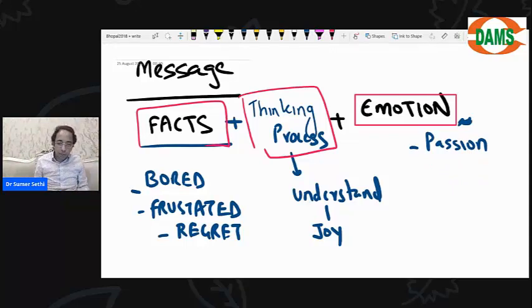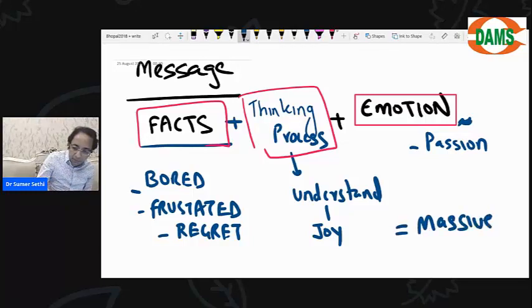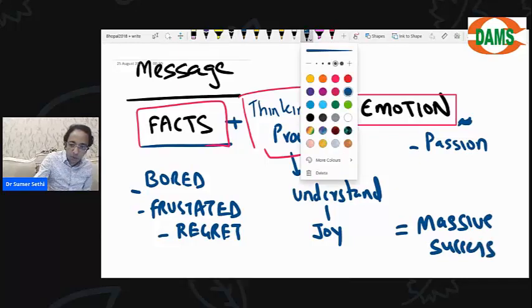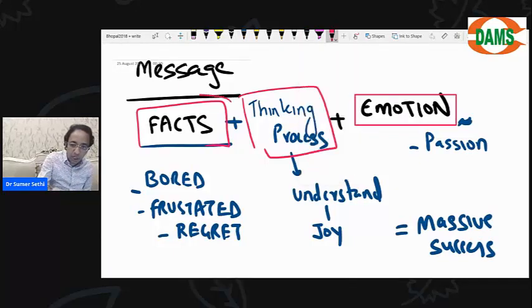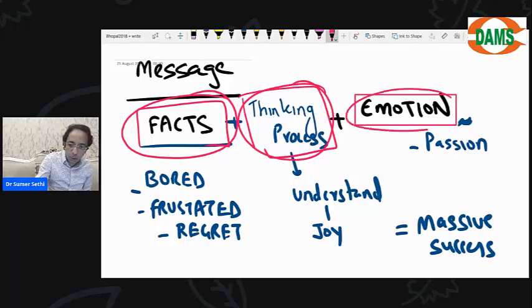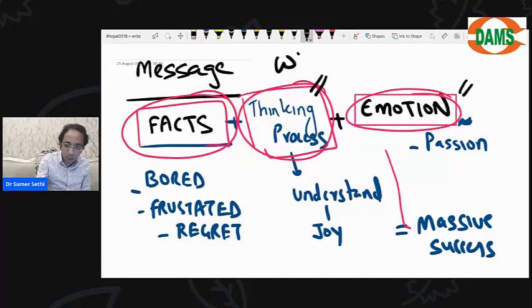If you have emotion, this will lead to massive success in life. The difference between people who are doing well and people who are not is that people who are not doing well are rote learning facts. But if you add thinking process and emotion to it, it becomes massive success. That is the key. So please keep in mind, emotion is equally important, and thinking why is important.